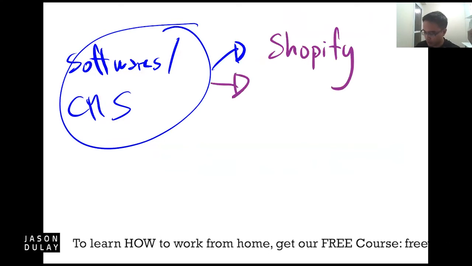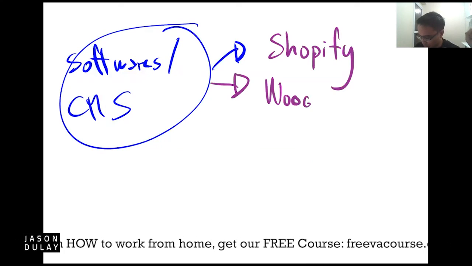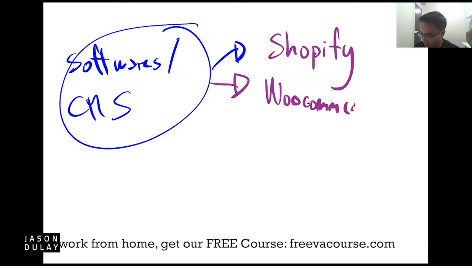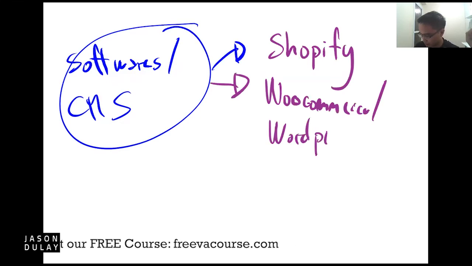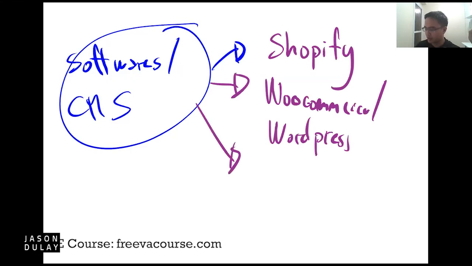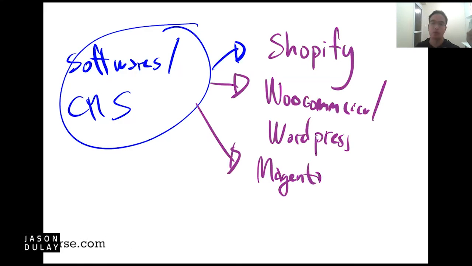Number two, we have WooCommerce, which is connected to WordPress websites. And number three, we have Magento. That's the third most popular e-commerce software or e-commerce CMS.